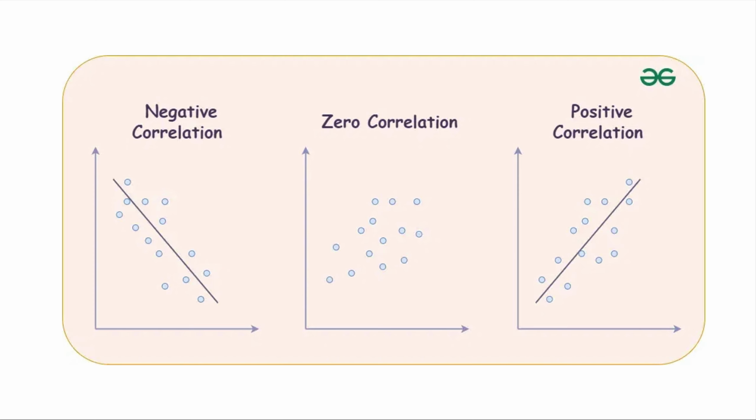The three main ideas you need to be aware of are negative correlation, zero correlation, and positive correlation. So that's the three big ideas. Within that, we can start to analyze it a bit more deeply. First, a negative correlation happens when one variable increases.